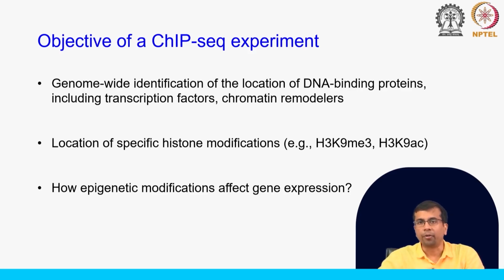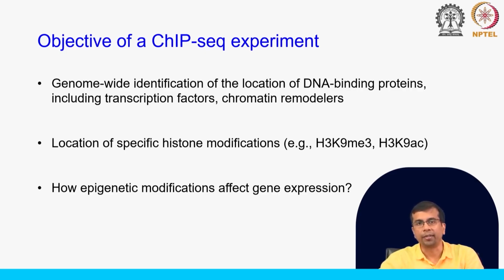These DNA binding proteins would also include chromatin remodelers, which are again important for gene expression. This study of the binding sites of transcription factors and chromatin remodelers is part of epigenetics. We are also interested in the location of specific histone modifications.